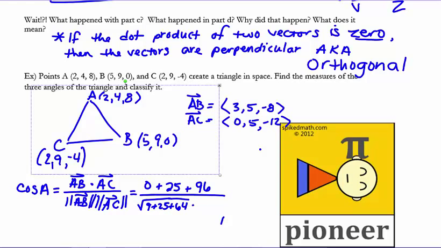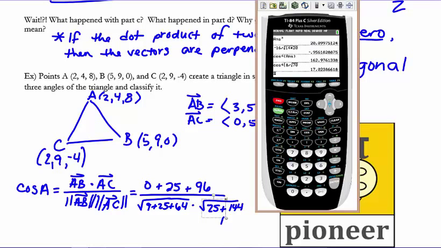And the square root of 5 squared, which is 25, and 12 squared, which is 144. So inverse cosine of 25 plus the 96 divided by the square root of 9 plus 25 plus 64, and then that is being multiplied by the square root of 13.